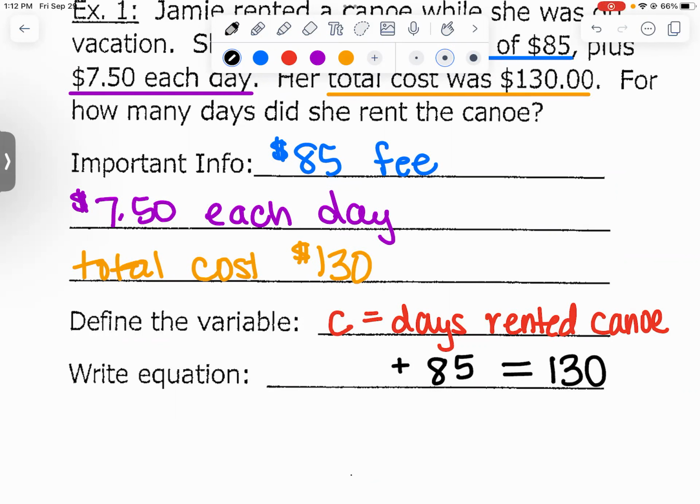Well, times... Well, do we know how many days? No, I mean, just like hypothetically, Tuesday. Okay, so instead of times 6, what are we gonna use? Okay, in this case, we already wrote C. So 7.50 times C represents $7.50 per day.